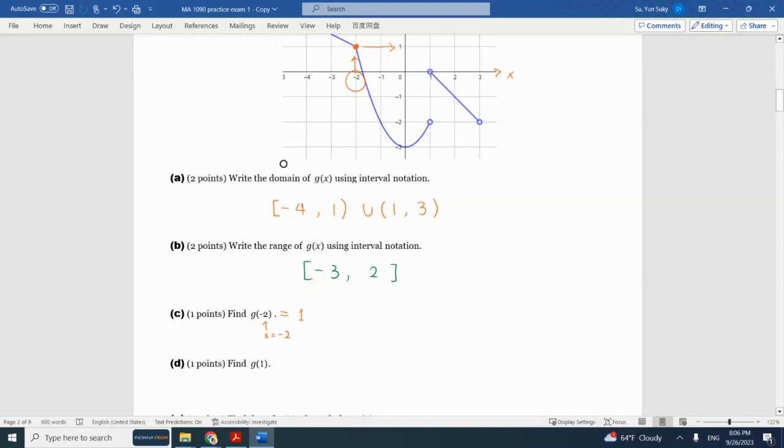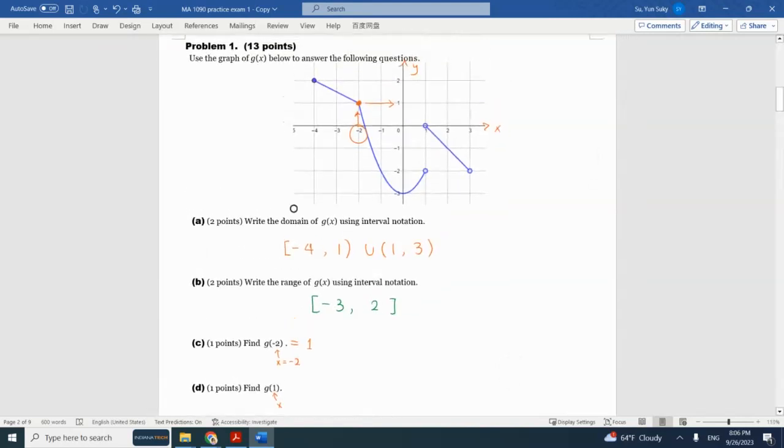And then find g of 1. See, the 1 is also inside the function. This is the input x. So x is 1. Look at the picture. When x is 1, do you see both of them are open circles? It means g of 1 is not defined.